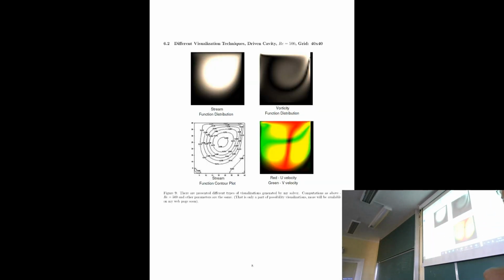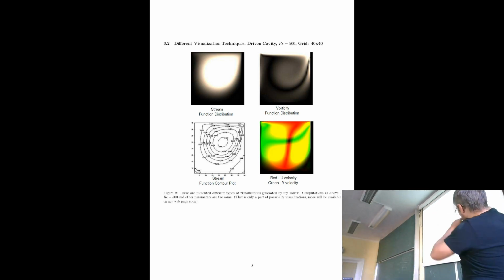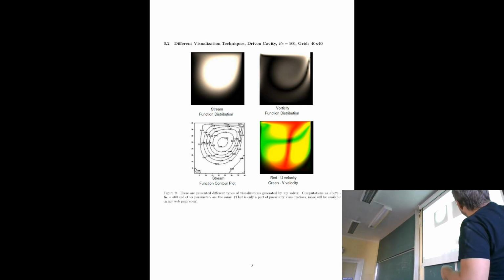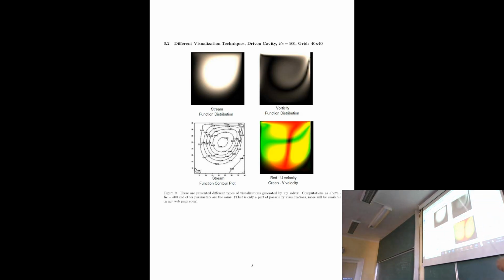I didn't do a lot of things here that I could do, because I could change the geometry, I could put some obstacles and so on, but that was not the point of the report. The point was to create the proper solution, and this was the vorticity stream function solution, where I was checking what stream function is, what vorticity distribution is, and so on. That there is a y and x component.